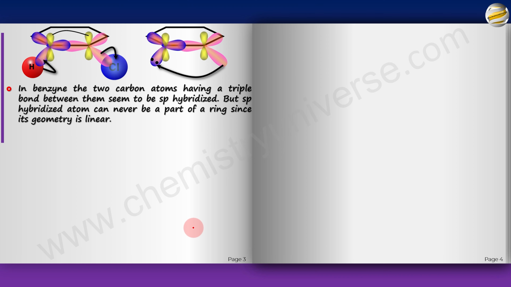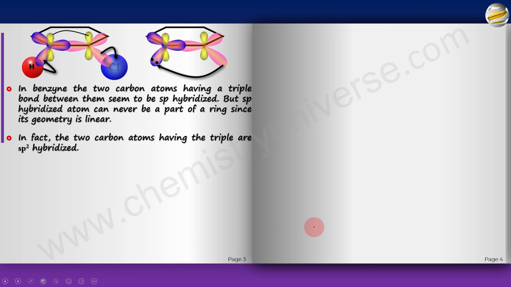Perhaps a very big ring may be able to accommodate, but even then it's going to be a tad difficult. But yes, it's possible. But otherwise, you can never find an sp hybridized carbon as a part of the ring. So in a ring, you can have maximum sp2, sp3 is of course there, but you cannot have sp. In fact, the 2 carbon atoms having the triple bond are sp2 hybridized.